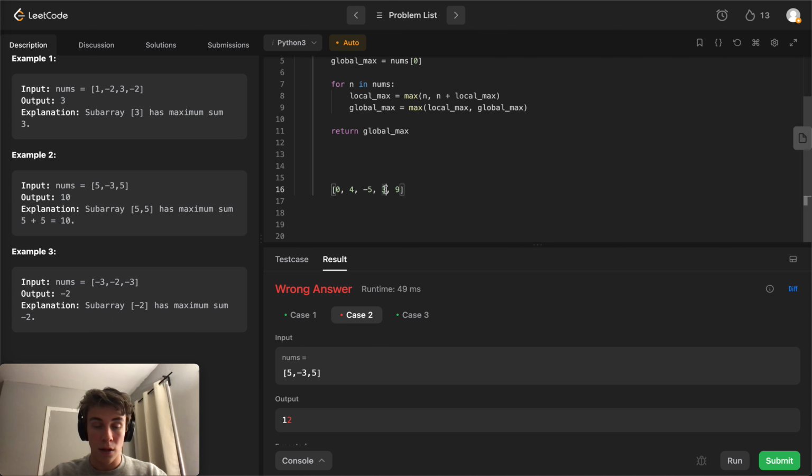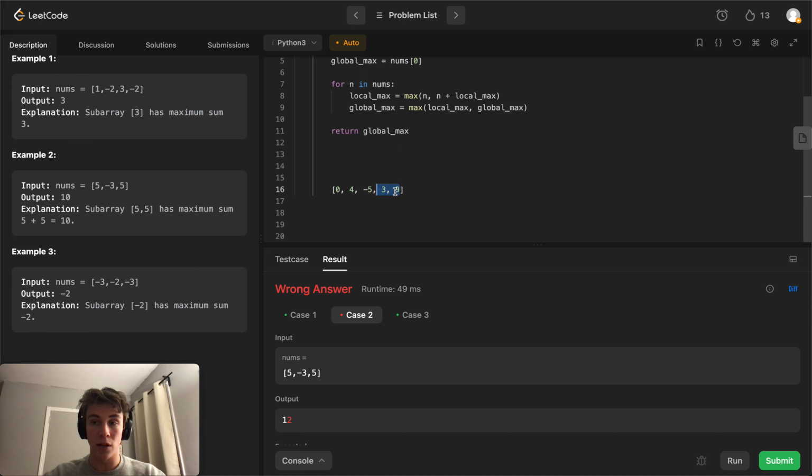Clearly, or I don't know if it is clear, but intuitively you could say that the maximum subarray ending at, let's say, index 4 is not going to be including the whole original array.